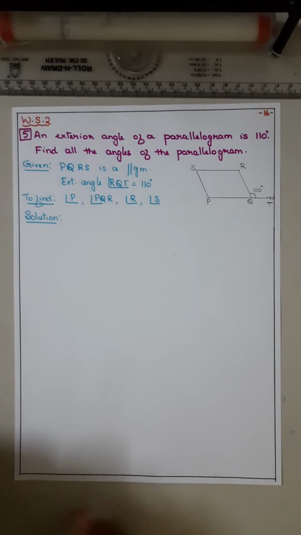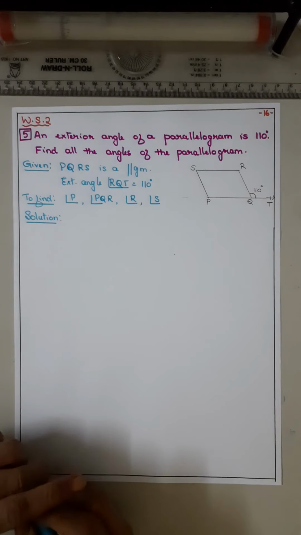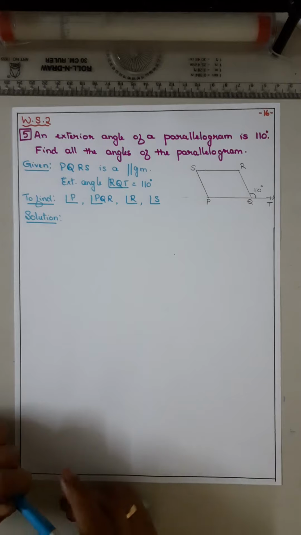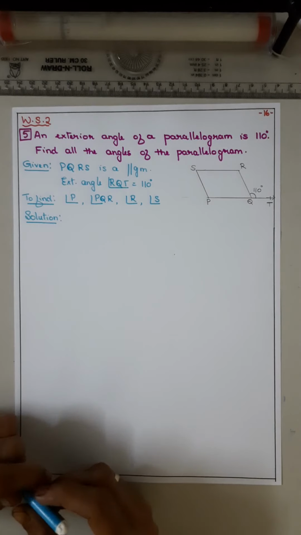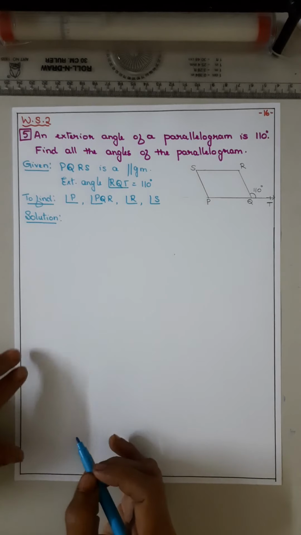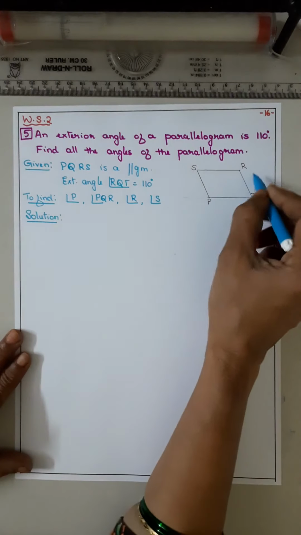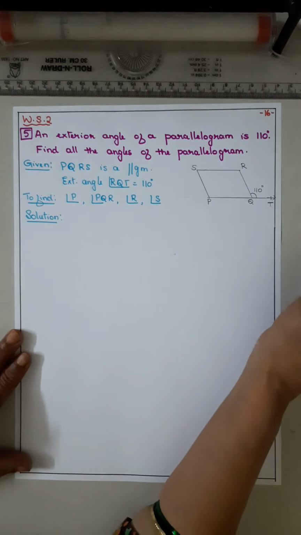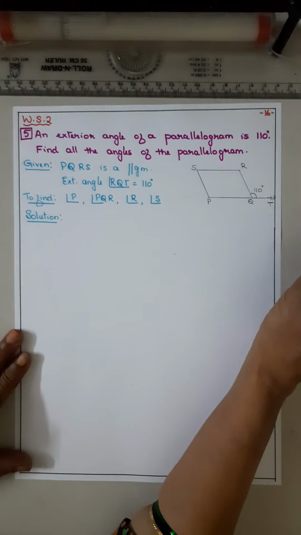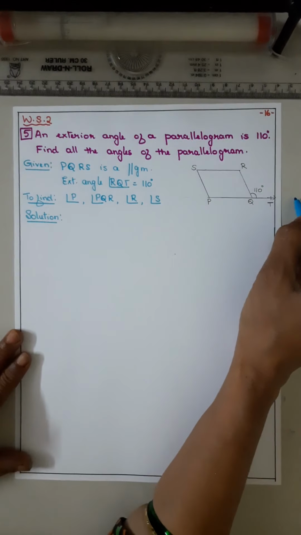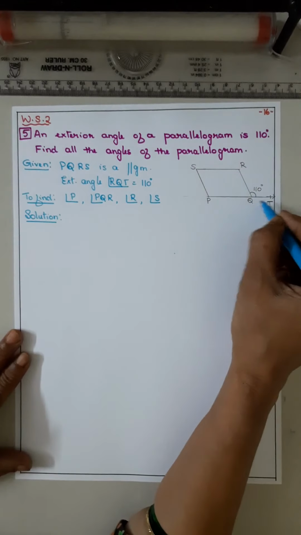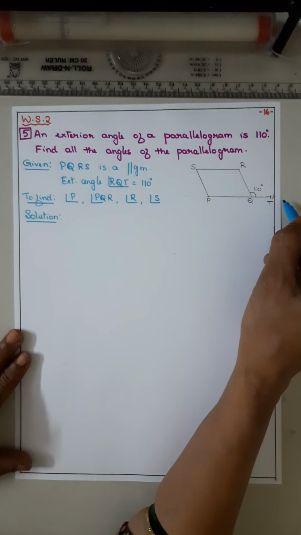An exterior angle of a parallelogram is 110 degrees. Exterior angle, not the interior angle. Find all the angles of the parallelogram. So you draw the figure. PQRS is a parallelogram and you extend PQ to T. So this RQT is the exterior angle, isn't it?